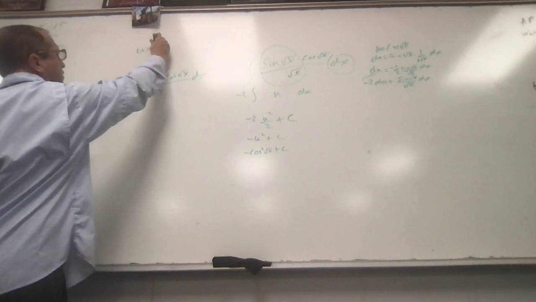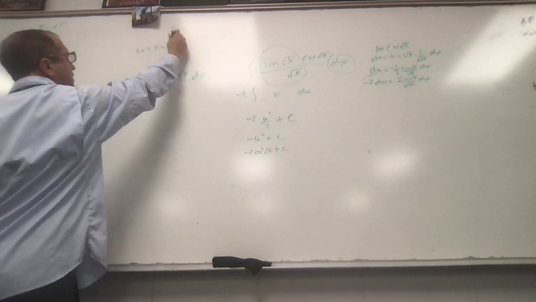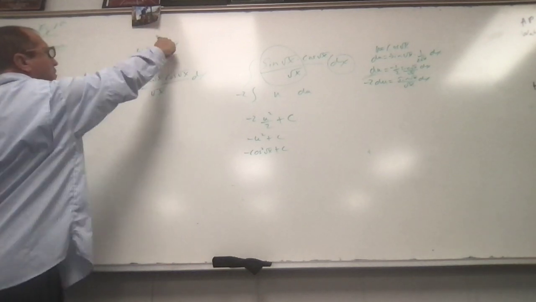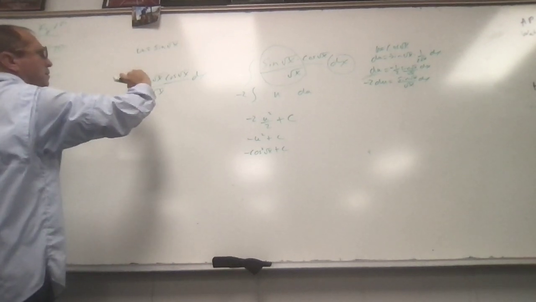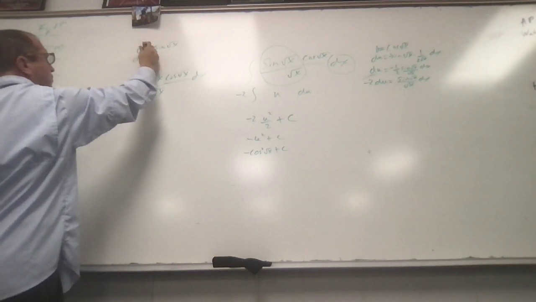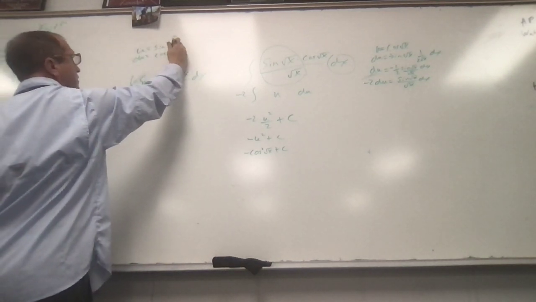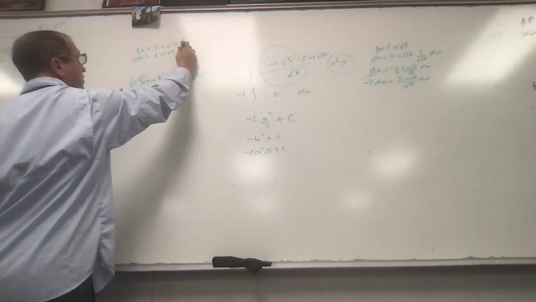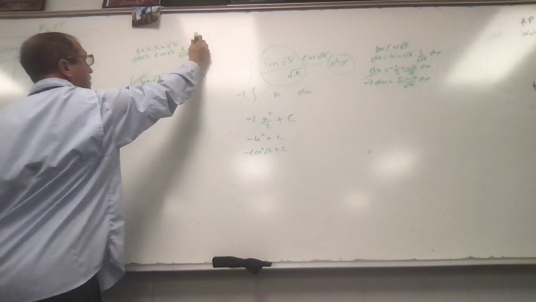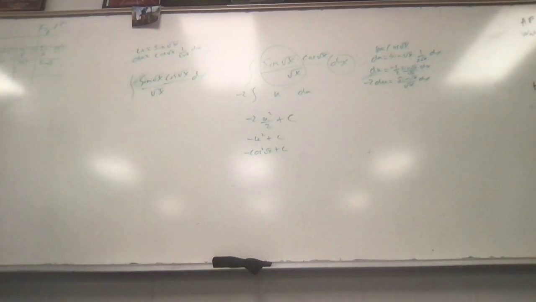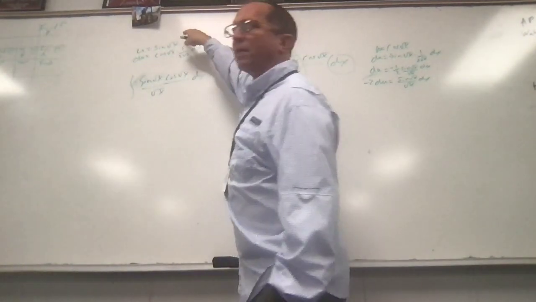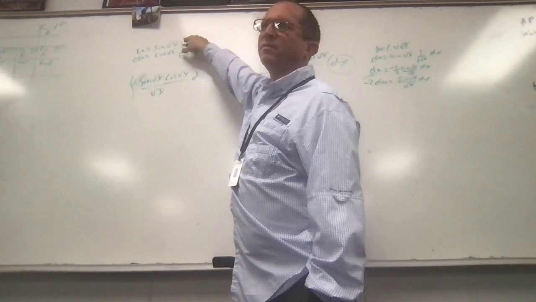So u equals the sine of the square root of x. So what would du equal? Cosine of the square root of x times 1 over 2 square roots of x dx. It's actually positive here, because I'm not taking the antiderivative of sine, I'm taking the derivative of sine.